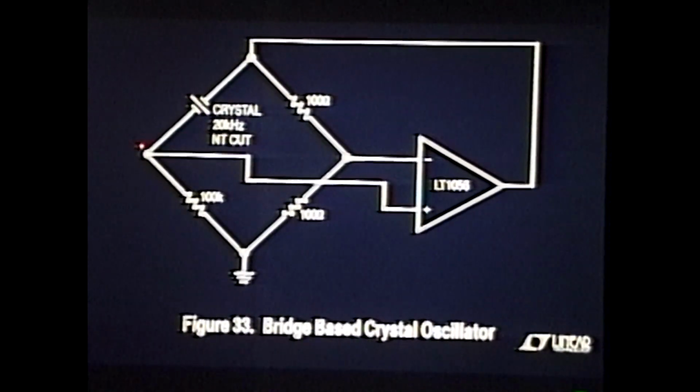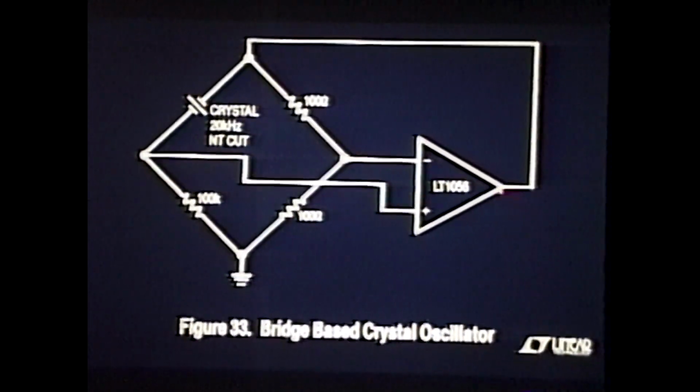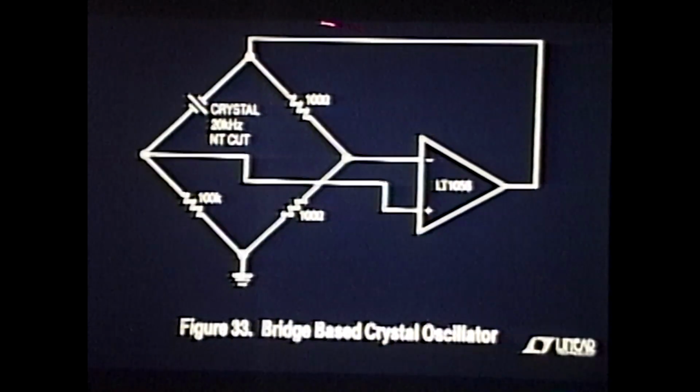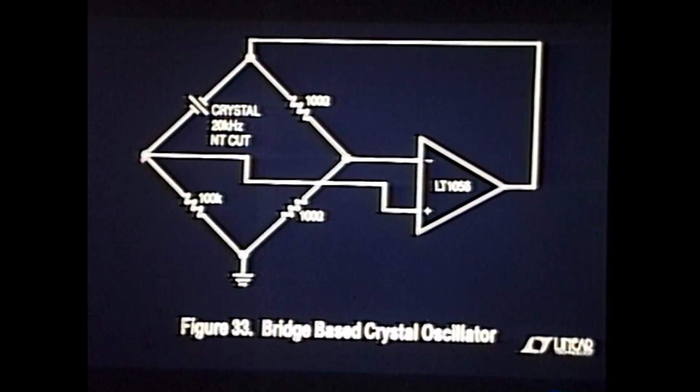It kind of slews up, hits the positive rail, goes into saturation, slews back down, hits that rail, goes into saturation. Now this trace, number B here, that's this node. So what you have is kind of a quasi-square wave here driving a high Q filter. So this node here, the harmonics are gone and it's filtered.